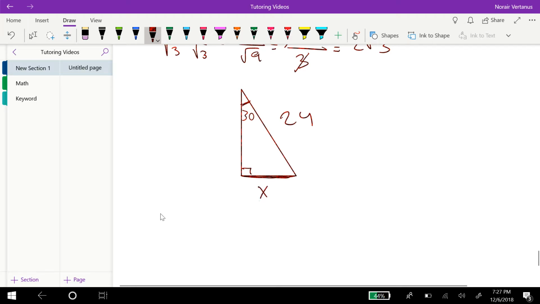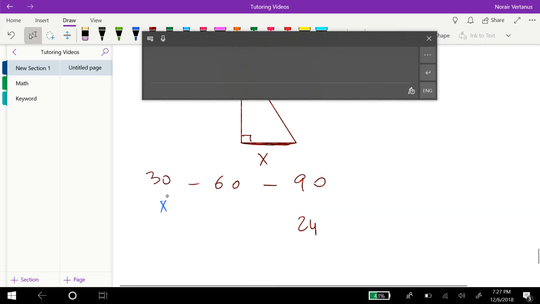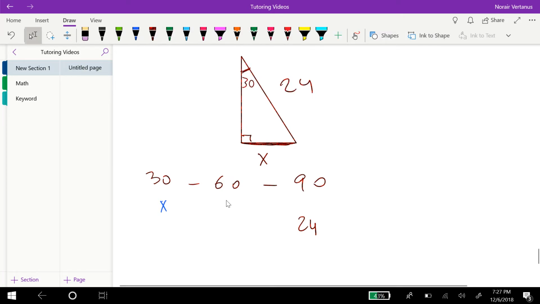That's x. If this is x, that's x rad 3 and 2x.